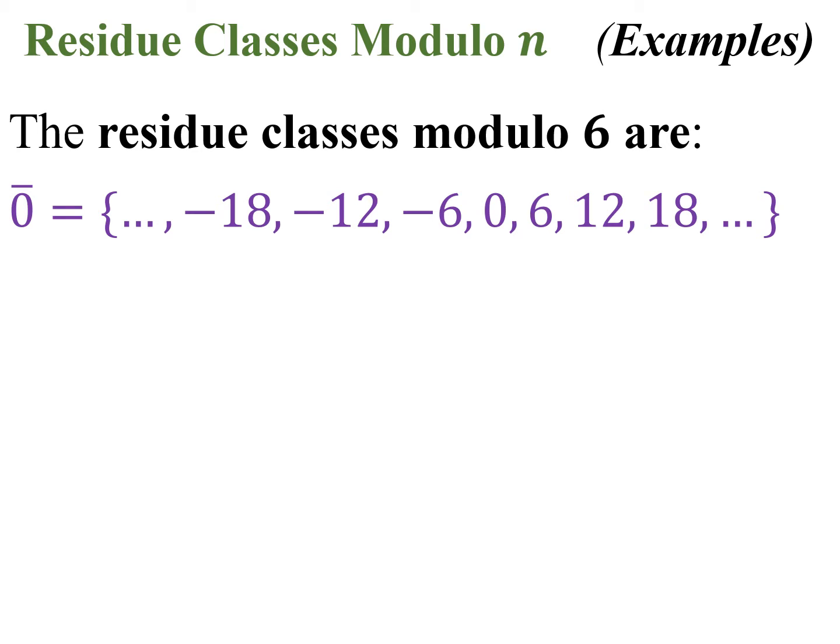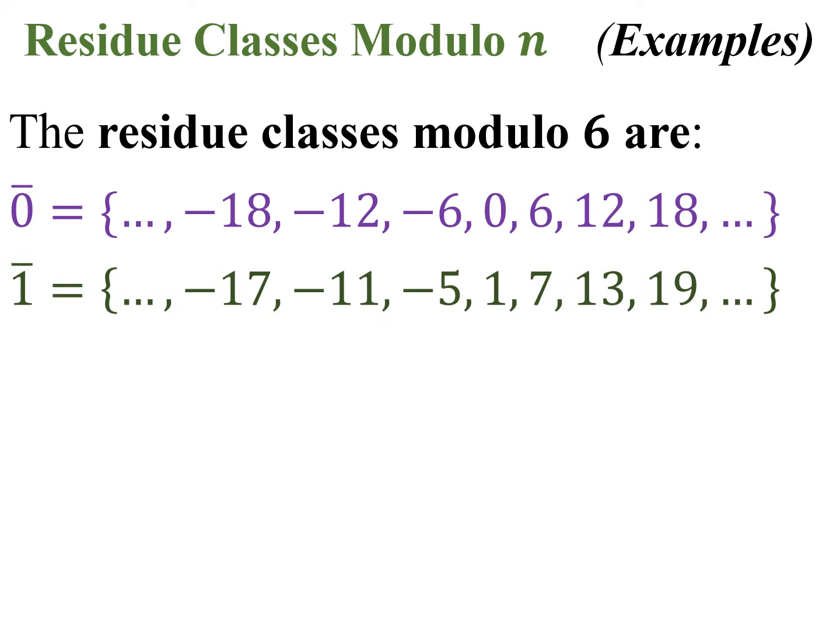Next residue class is class of 1. It contains 1 itself and all those integers which are congruent to 1 modulo 6. Again, all the remaining integers which are congruent to 1 modulo 6 are obtained by adding multiples of 6 to 1 and subtracting multiples of 6 from 1.